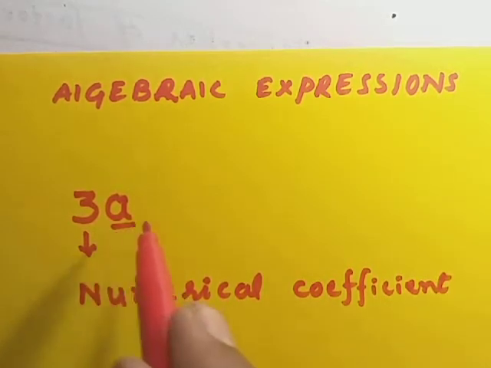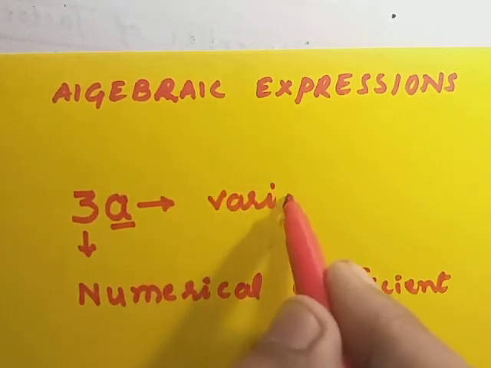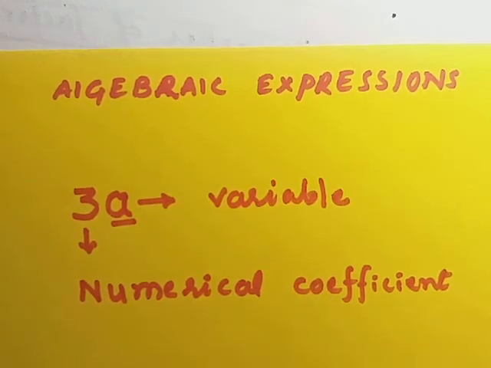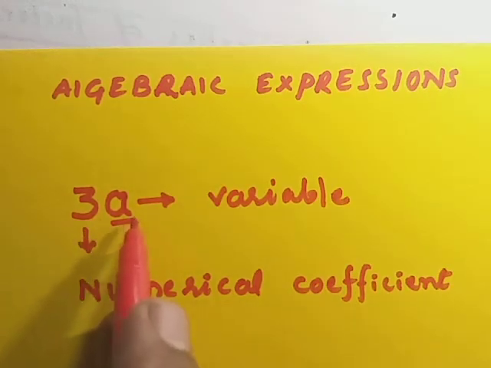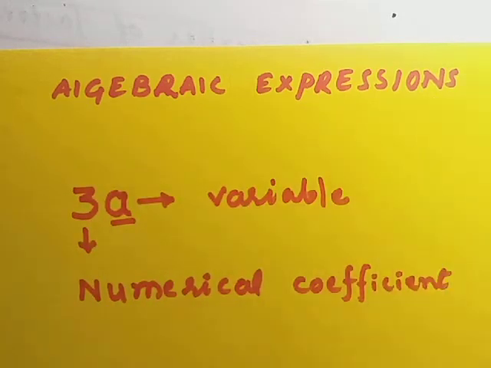Whereas the a portion, a, is called the variable. A combination of a number and a variable combined together becomes an algebraic expression.